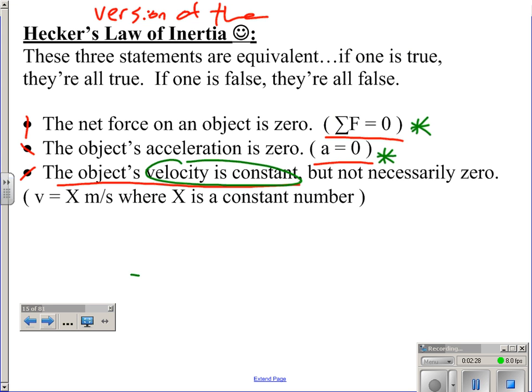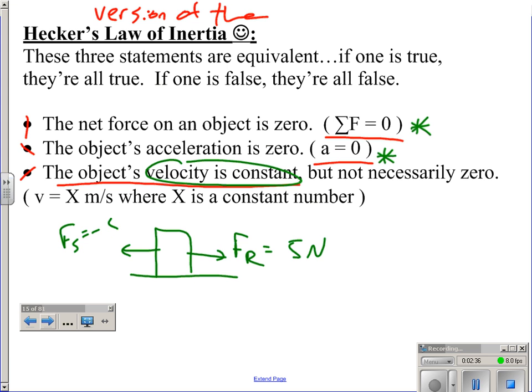Okay, so you might have a situation like this, where you've got, whatever, force of Roy pushing this way with 5 newtons, and the force of Sally pushing this way with -5 newtons. In that case, your net force is 0. And so, based on just this information alone, since the net force is 0, it has to be true that the acceleration is 0 and the velocity is constant.